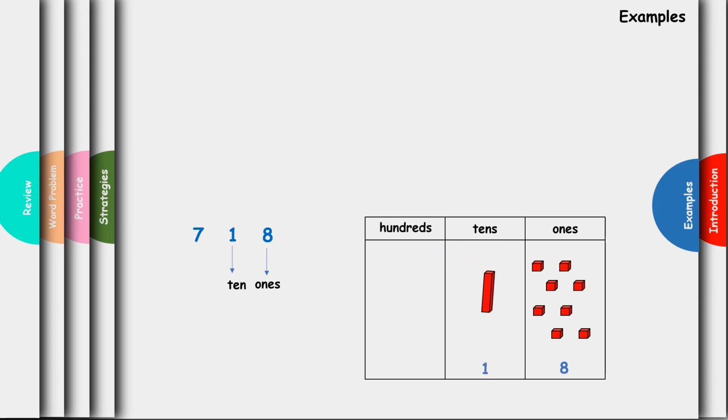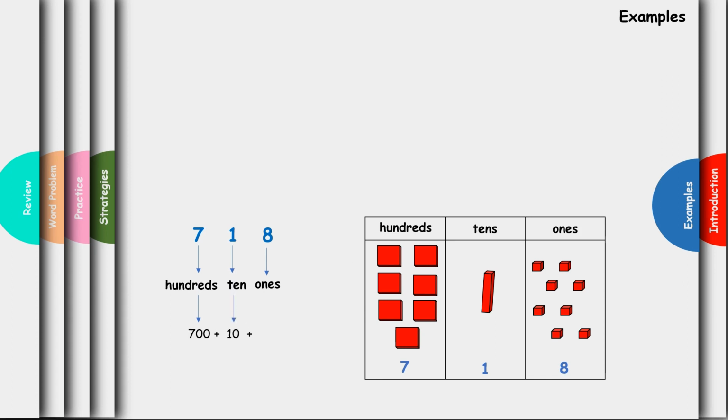And 7 hundreds. 1, 2, 3, 4, 5, 6, 7. This also means that the value of 7 is 700, the value of 1 is 10, and the value of 8 is 8. So 700 plus 10 plus 8 equals 718.